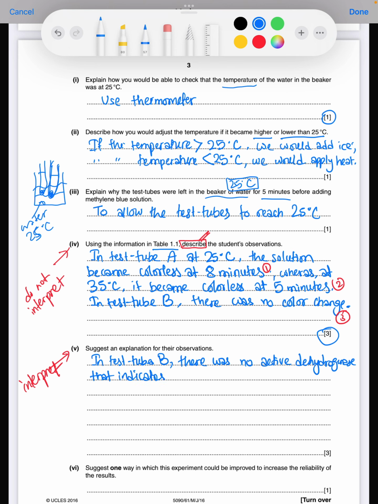That indicates the yeast were, you can say dead, or I would say inactive, because that sounds better.